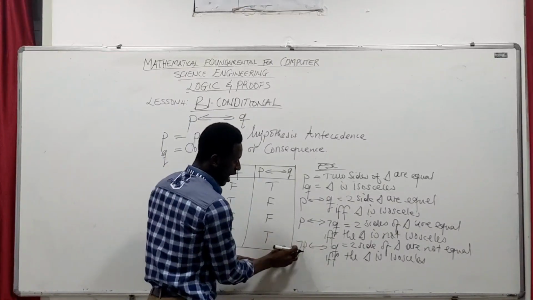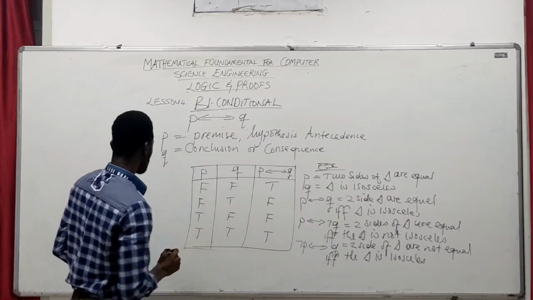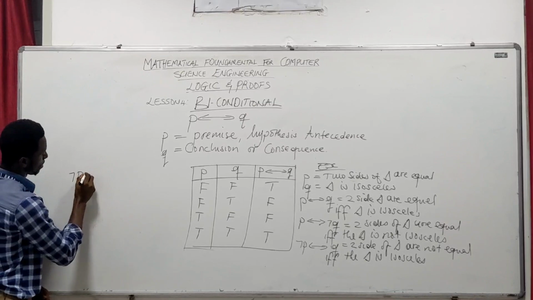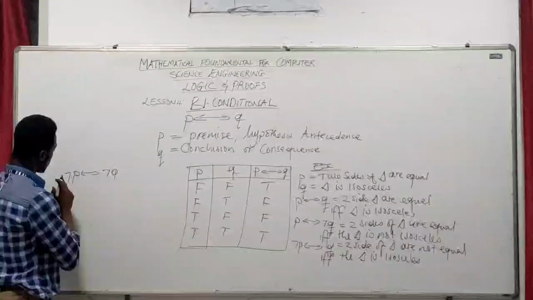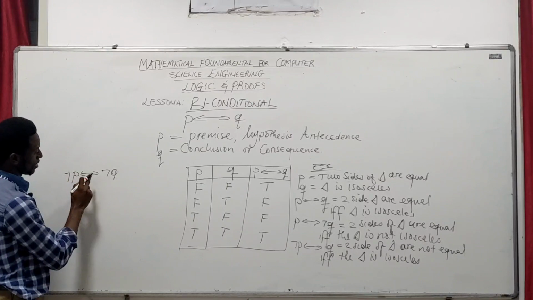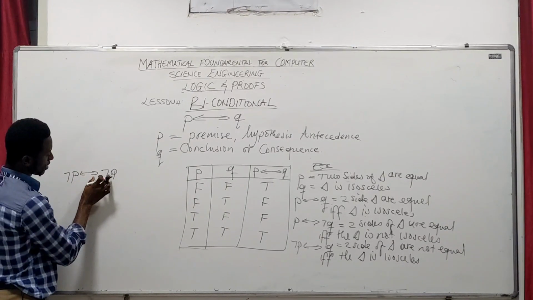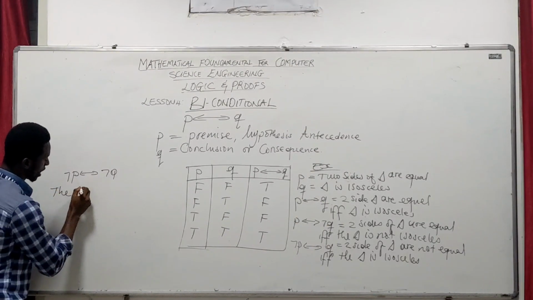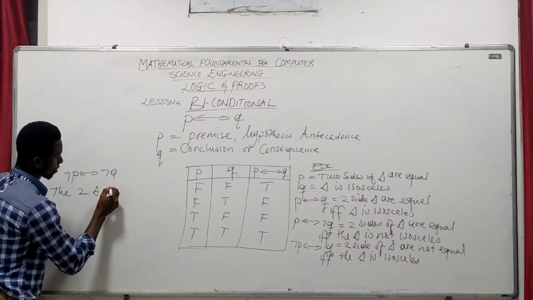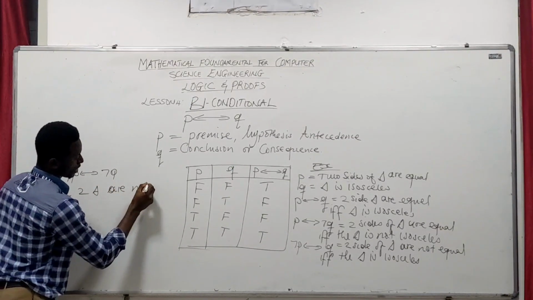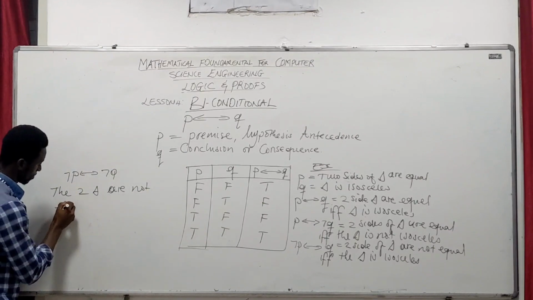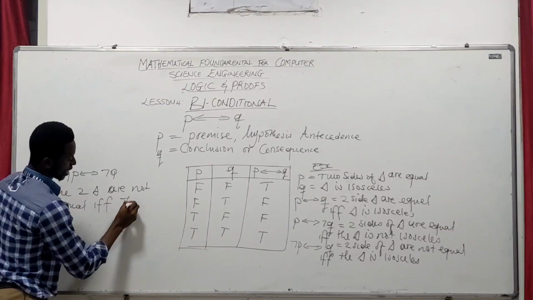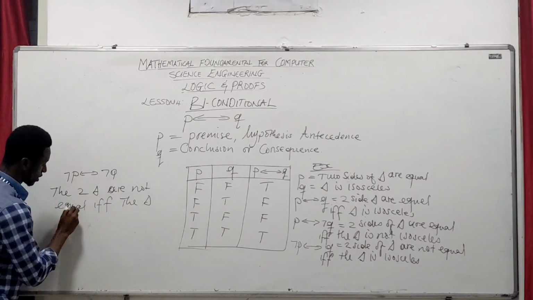So again, you can say negation P and negation Q. Negation P double implies negation Q means the two sides of the triangle are not equal if and only if the triangle is not isosceles.